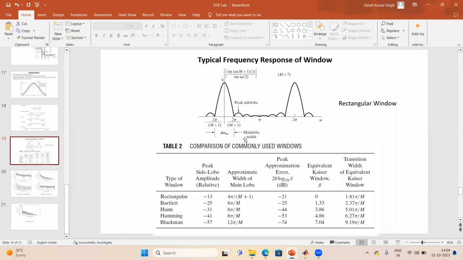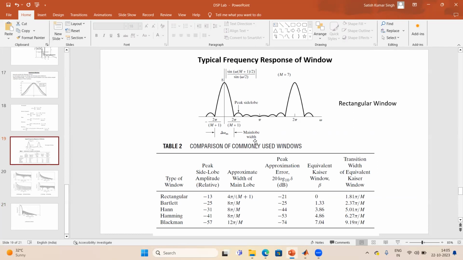But here, when we see this window, we only observe the positive frequency portion. So this particular point is 2 pi divided by M plus 1. Because it is normalized with respect to pi, you can divide it, so this point equals 2 divided by M plus 1.